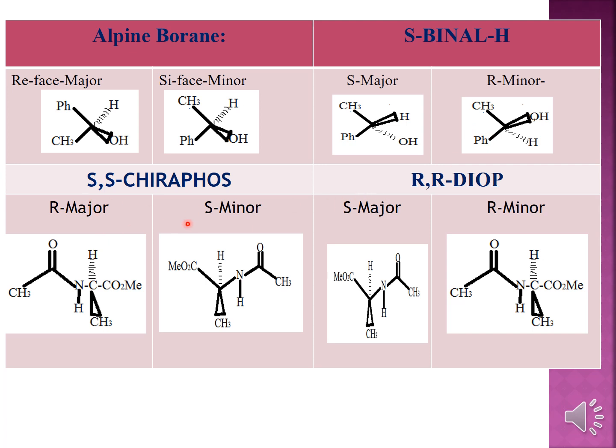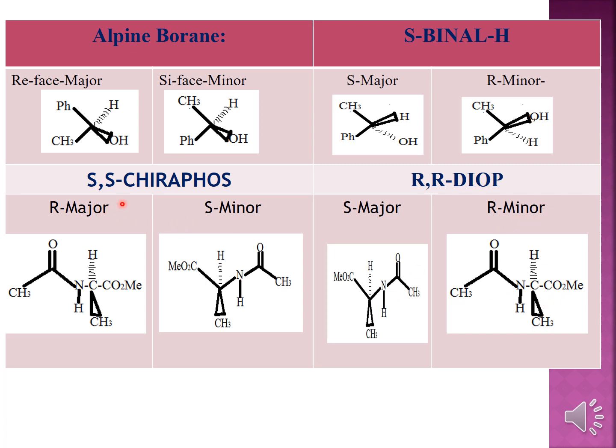And then moving on to today's part, which deals with CHIRAPHOS and DIOP. Here R is your major product and S is your minor product, whereas here S is your major and R is your minor.